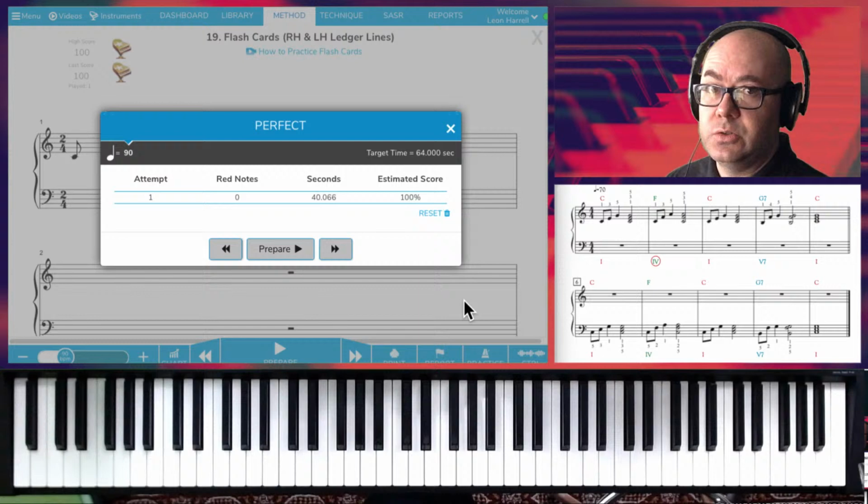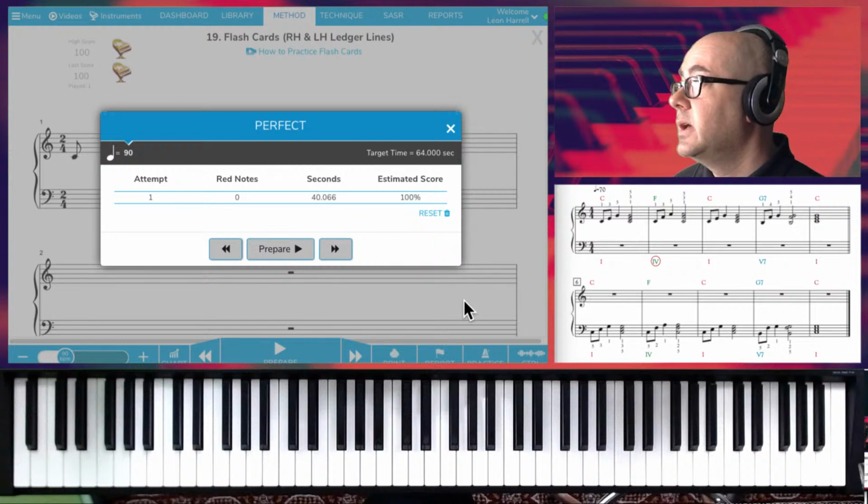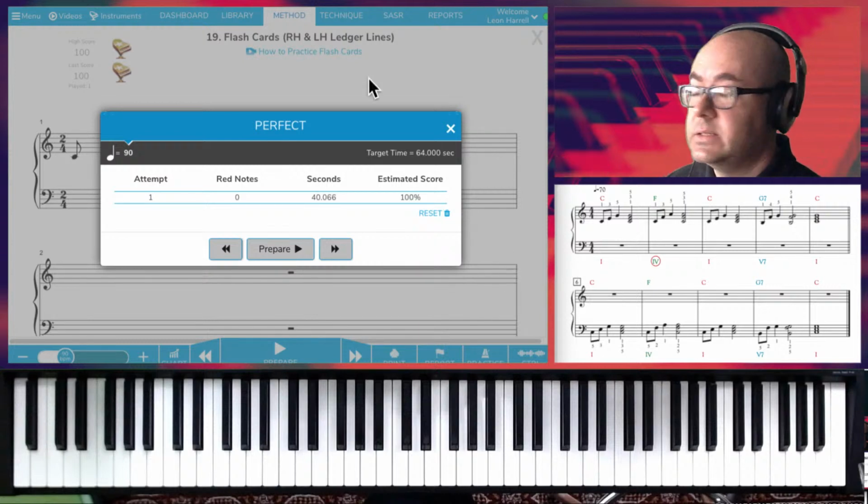So it's a nice exercise to alternate left hand, right hand in the same physical space of the keyboard.